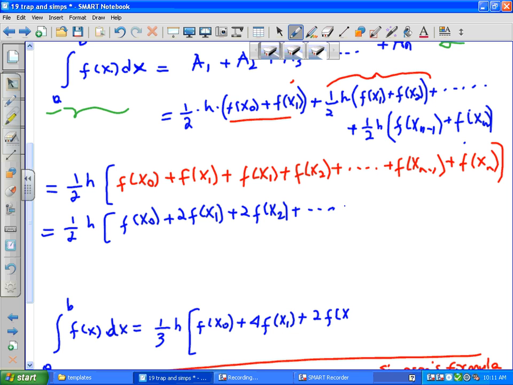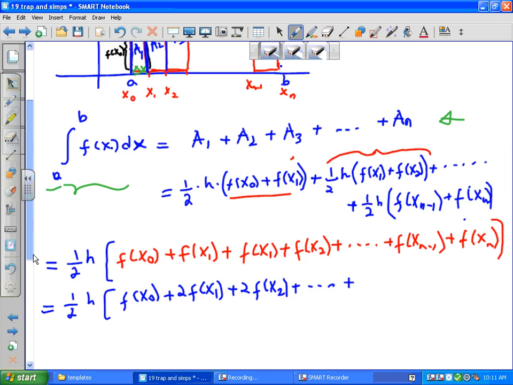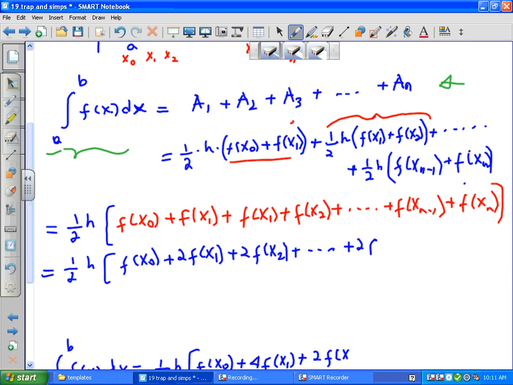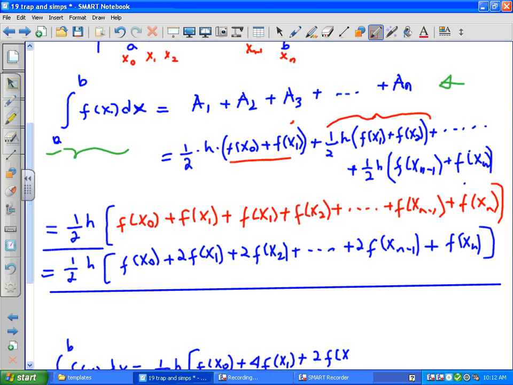How about f of x sub n minus 1? How many of those are we going to have? 2, because again, this is being shared as well. But the last one, which is f of x sub n, is going to be this one. So this, ladies and gentlemen, is the formula that we've been looking for. This is the trapezoid formula.